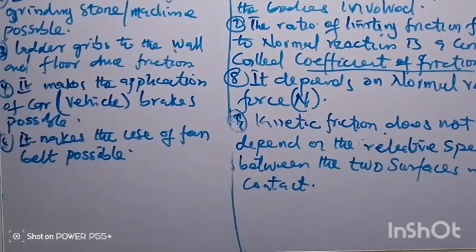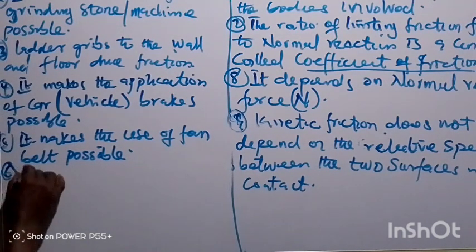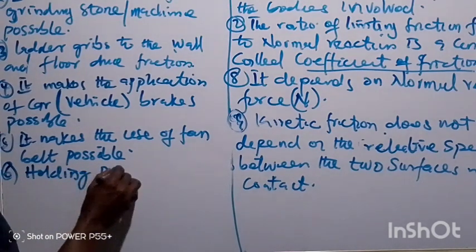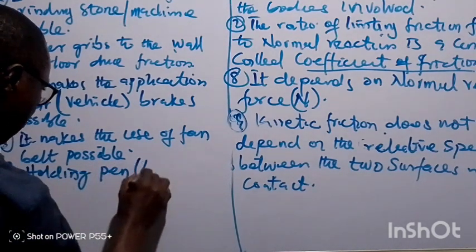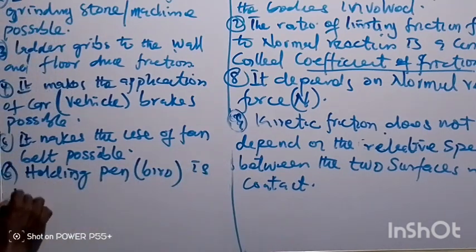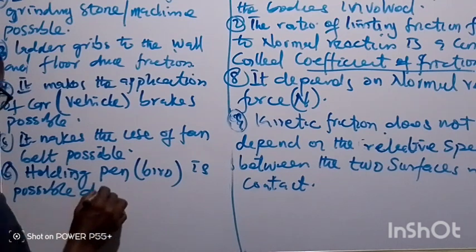Then number six, holding a pen. When you hold a pen or biro, it's possible due to friction.